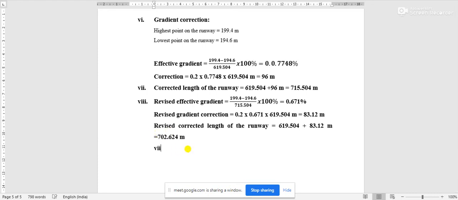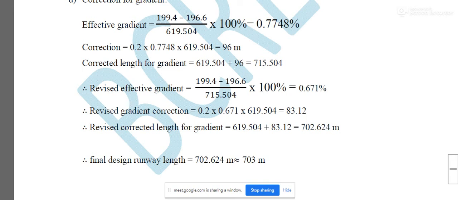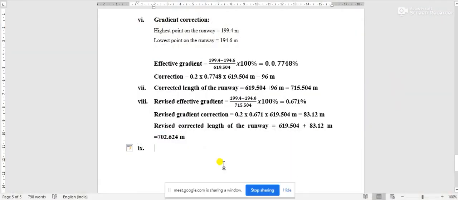I may go for another step of revision, but you may go for the next step for revised effective length.